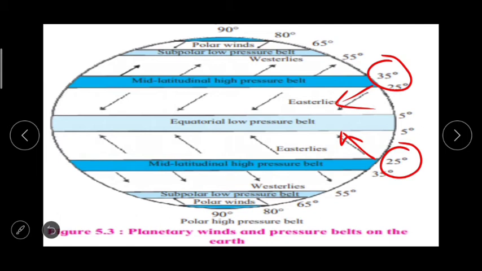So in the northern hemisphere, they blow from the northeast to the southwest, whereas in the southern hemisphere, they blow from the southeast to the northwest. Now this is easy to understand when you study this with the help of the given figure. And such type of winds are known as the easterlies.